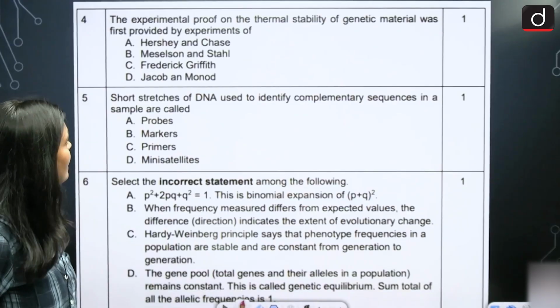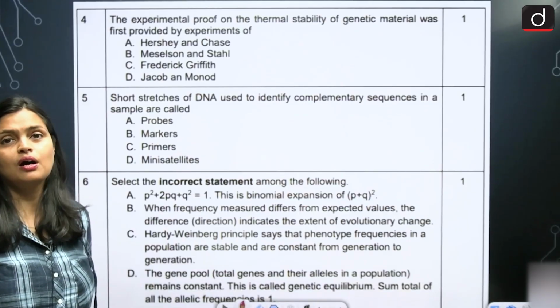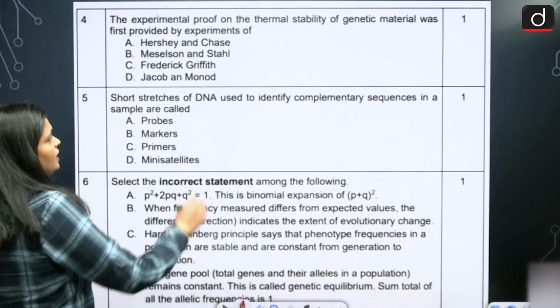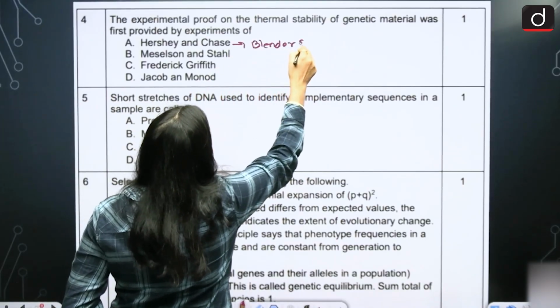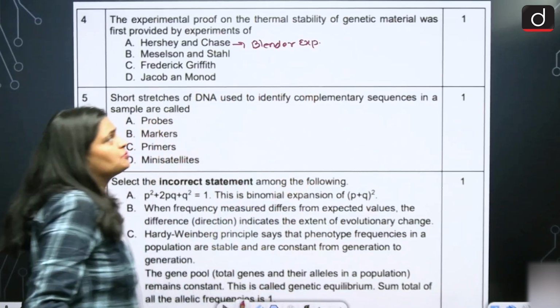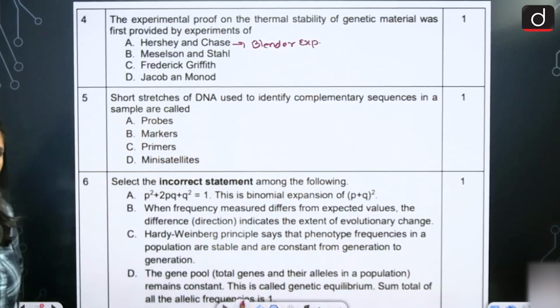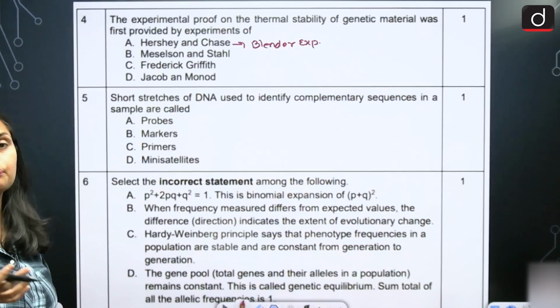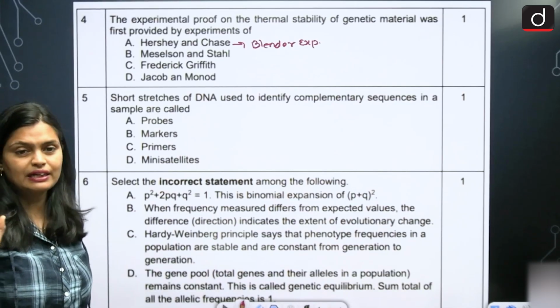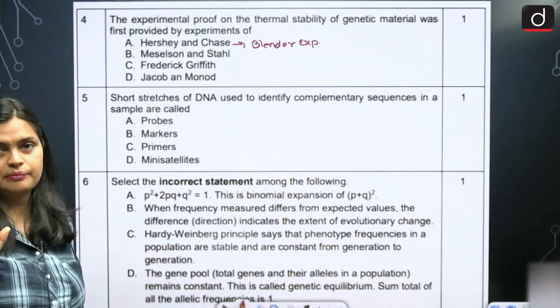See, Hershey and Chase तो performed a blender experiment. इन्होंने कौन सा experiment किया था? Blender experiment. What he did in his blender experiment, इन्होंने just centrifuge किया था thing को, right? And he proved that DNA is a genetic material with the help of the blender experiment, right?